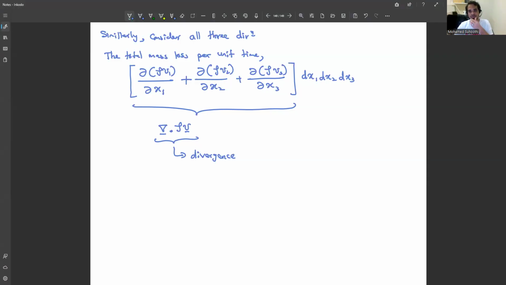Therefore, the mass loss per unit time for unit volume, that is the divergence.